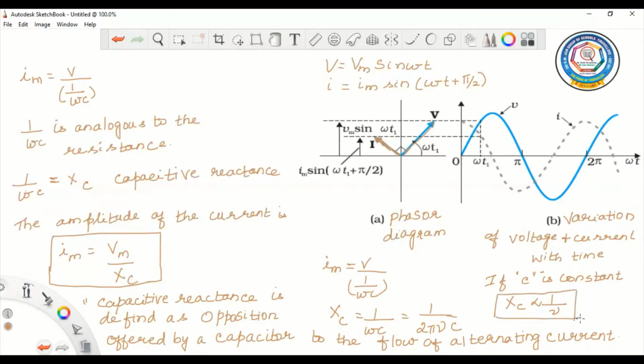For direct current, what is the frequency? For direct current, the frequency is 0. Since Xc is inversely proportional to frequency, for direct current the frequency is 0, right? Then Xc will become infinity.